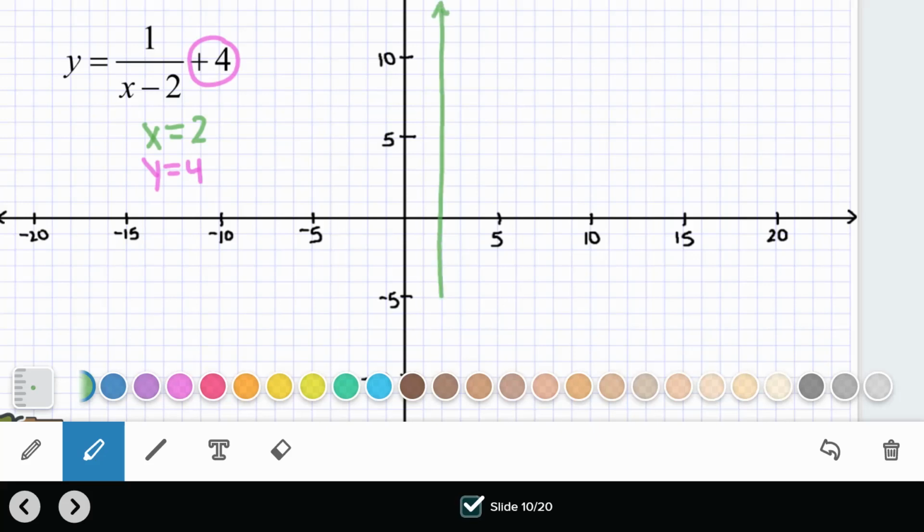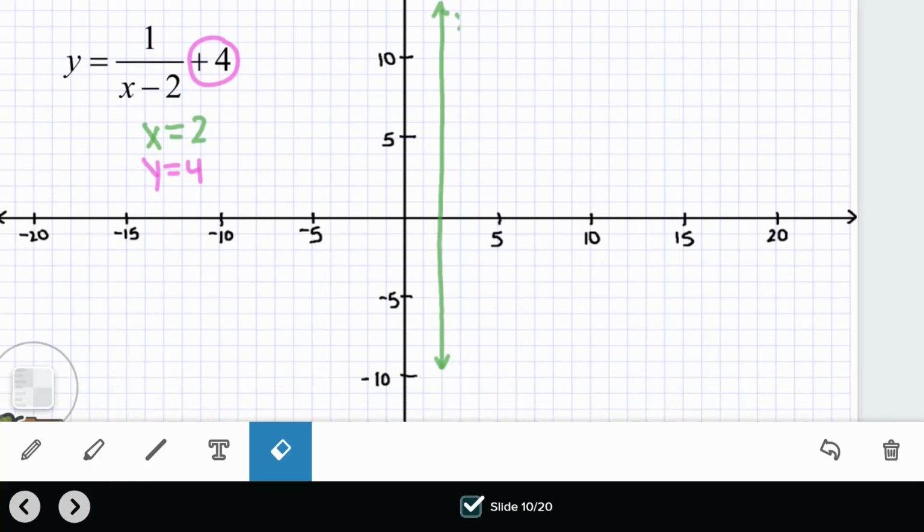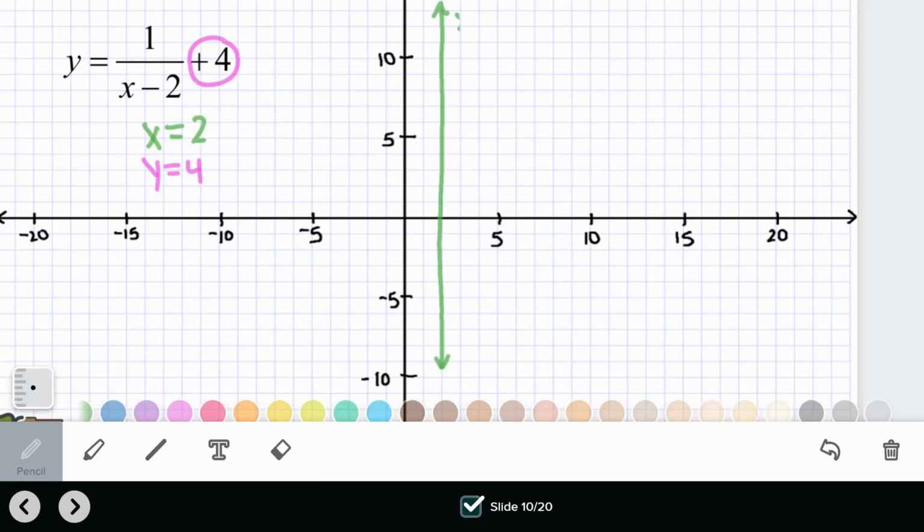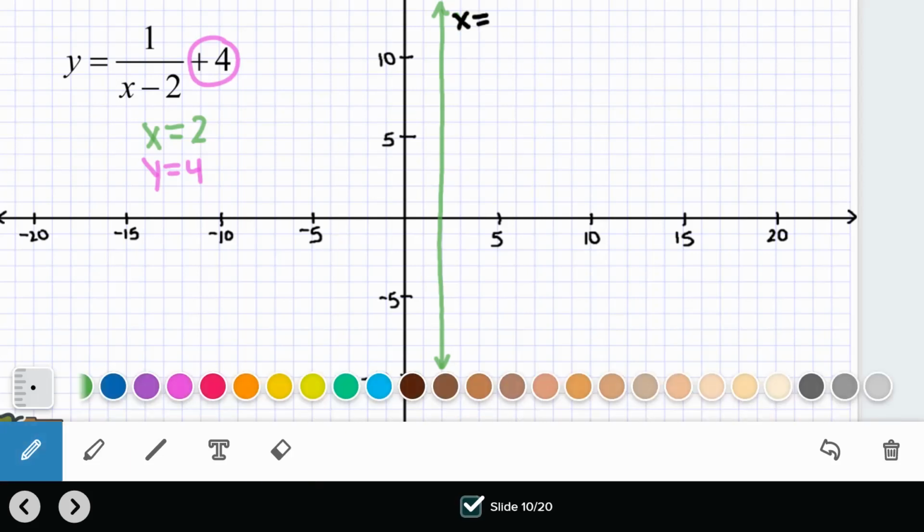And I kind of think of this as almost like the new xy axes. And sorry, I don't know why I keep doing that. Okay. X equal 2. Okay, so then we have y equal 4.